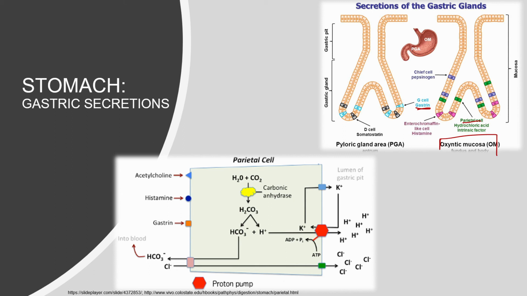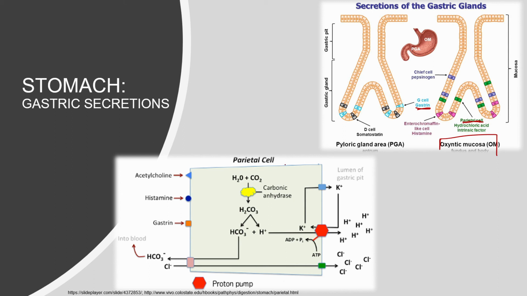If we talk about HCl secretion, which is in the parietal cell of oxyntic glands, its secretion is kind of complicated. It has several steps, so let's go through them.